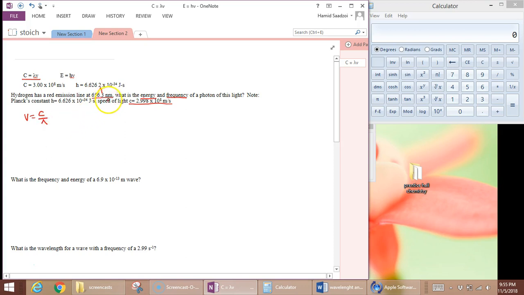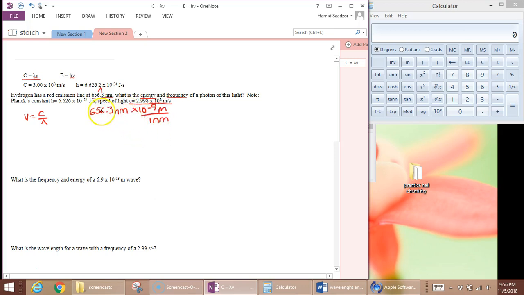Now, in order to do this calculation, our units have to be in meters. We're going to change this to meters. The easiest way to do this is just take the number and multiply by 10 to the negative 9. And that's how many meters are in 1 nanometer.